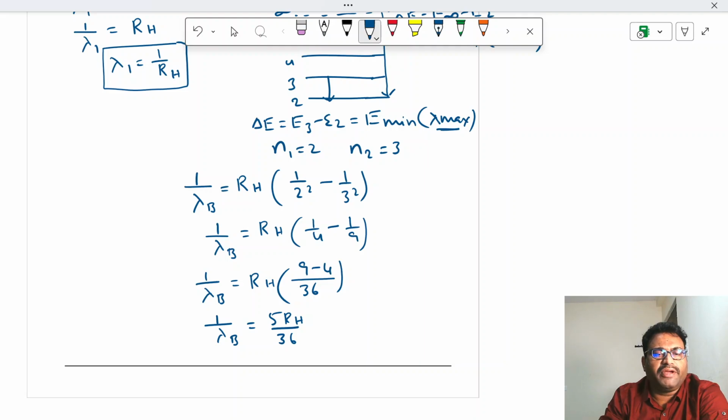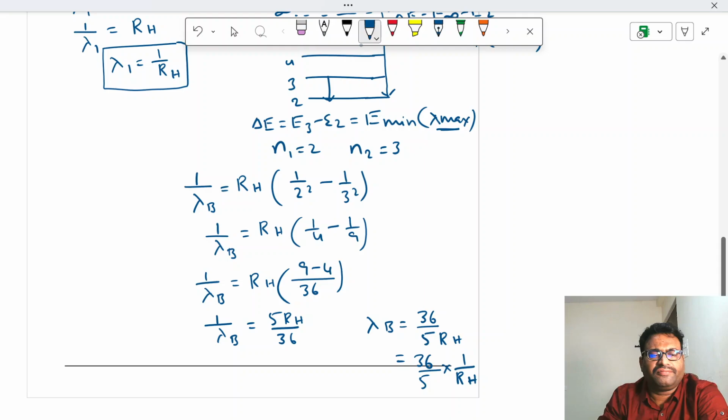Then you move this to the numerator position. Lambda Balmer is equal to 36 by 5 RH, so this can be written as 36 by 5 into 1 by RH.